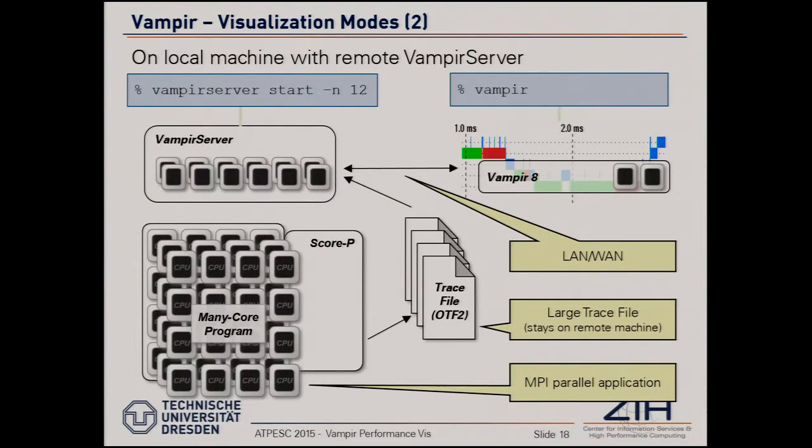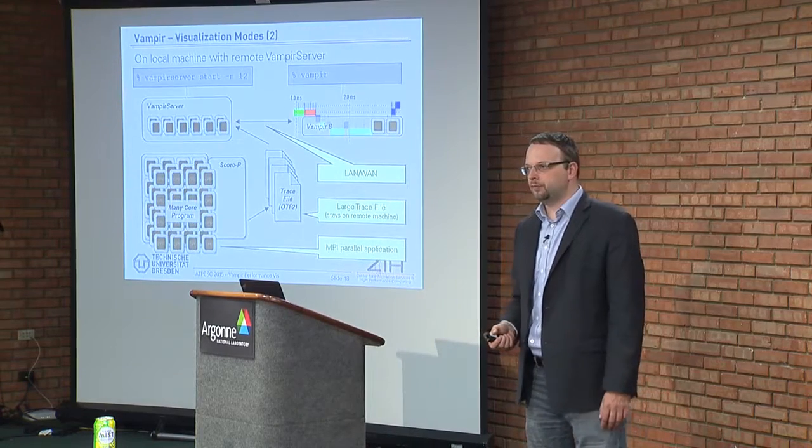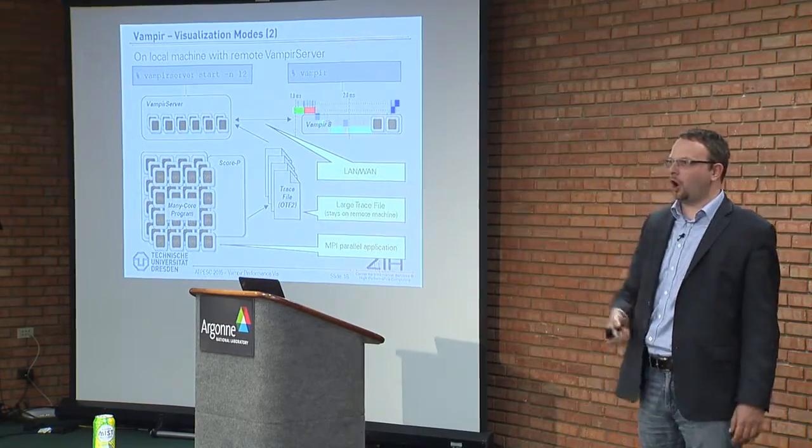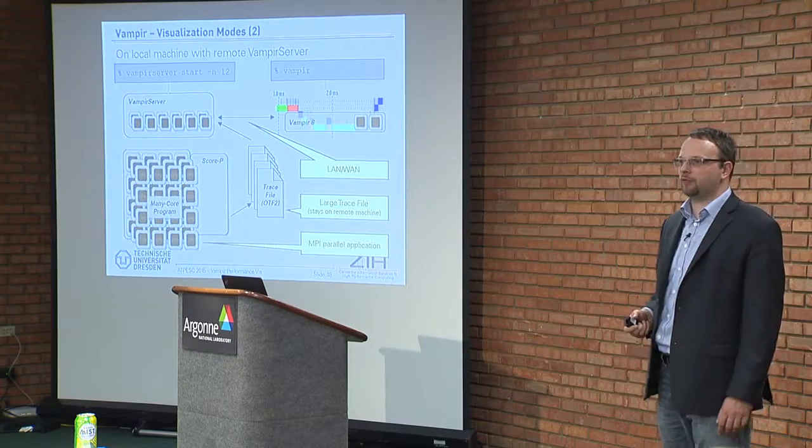Then your local GUI can connect to the Vampir server, where you just say, I don't want to open a local file, I want to open a remote file. You tell it where the Vampir server is running. Just like you saw with the DDT GUI that can hop onto a debugging instance running on an HPC system, the Vampir GUI also hops onto the Vampir server and tells the server what file to open, so the analysis engine then opens the file.